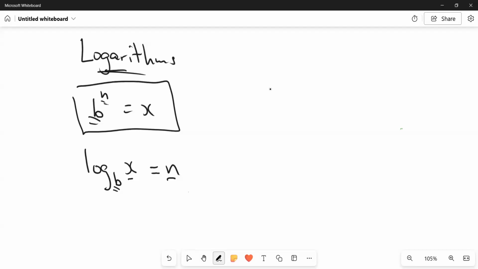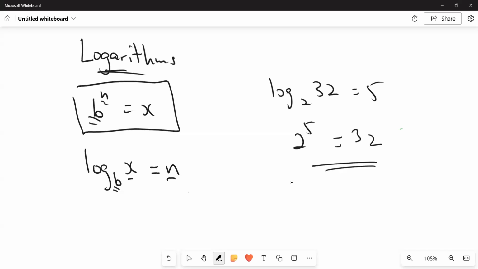Like if you have, okay, the logarithm of 32 with a base of 2 is equal to 5. And you know this, right? That 2 to the 5 equal 32. So I'm just writing it in logarithmic form. Let me give another example.